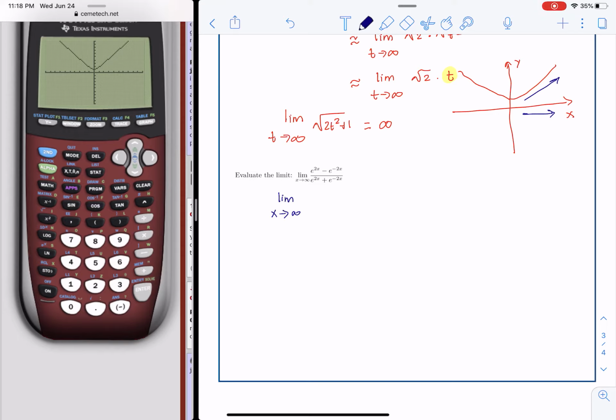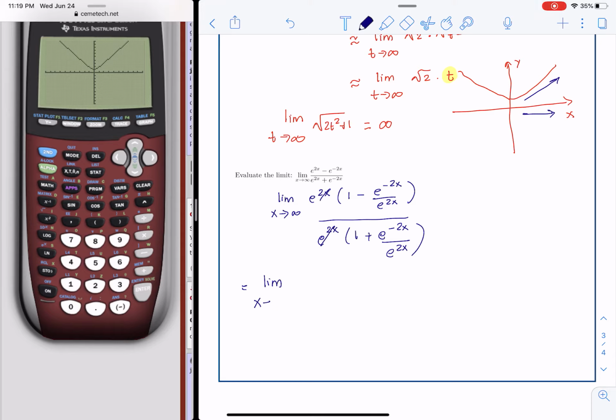So I'm going to pull e raised to x out of the numerator. So we have 1 minus e raised to negative 2x divided by e raised to x, and in the denominator e raised to x times 1 plus e raised to negative 2x over e raised to x. Those two would get cancelled.